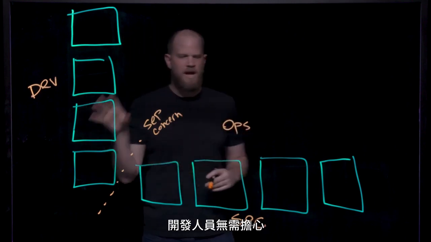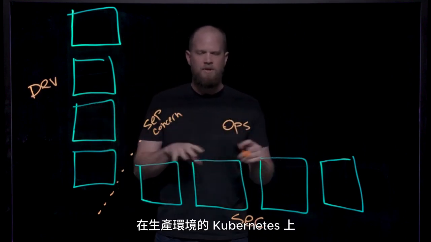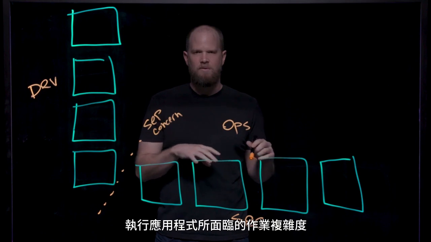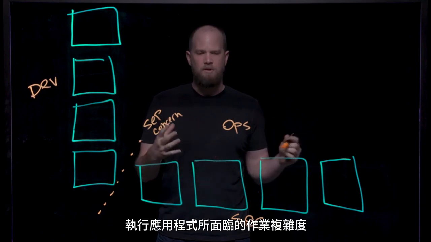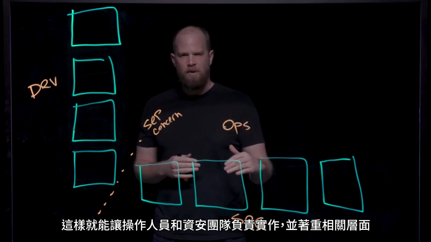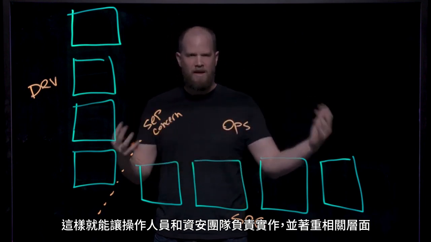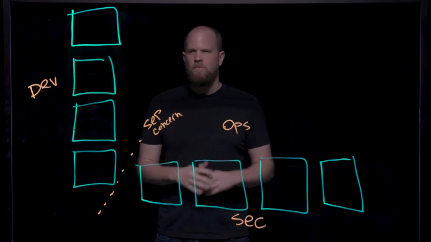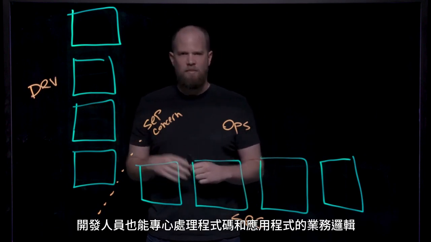A developer shouldn't have to worry about the operational complexity required to run their application on Kubernetes in production. So you can have the operators and security teams implement that and focus on that for them, and the developers can focus just on their code and application business logic.